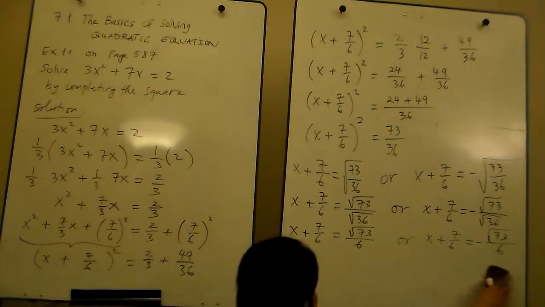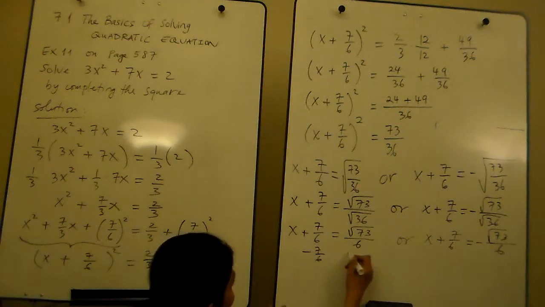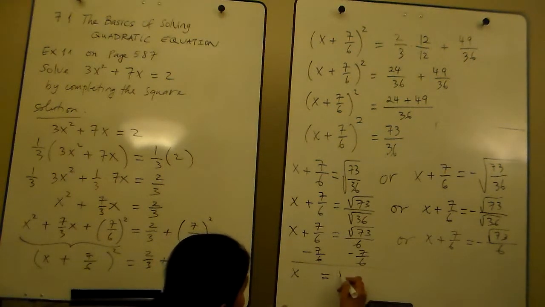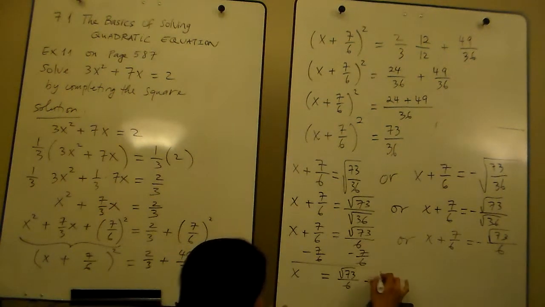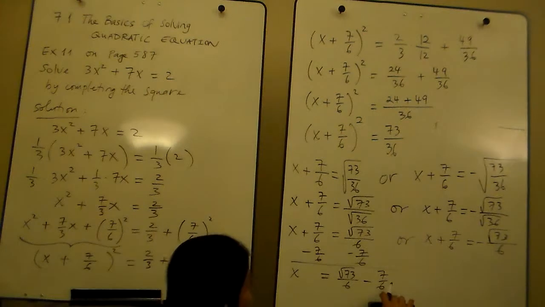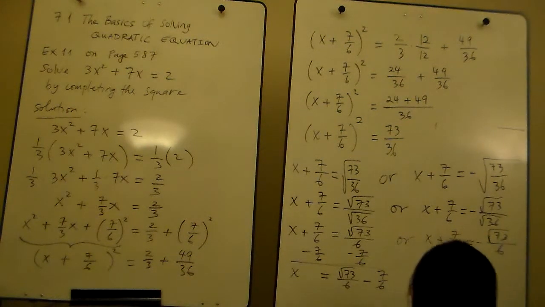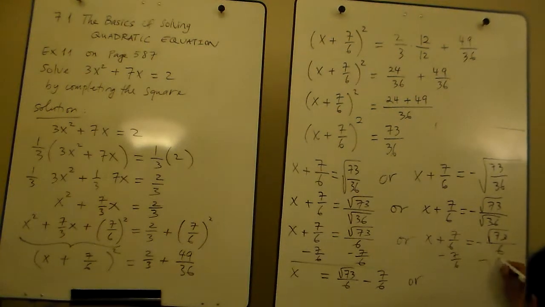Okay, now to solve for x, I'm going to subtract 7 over 6 on both sides. So I get x, this is 0, equal to square root of 73 over 6, subtract 7 over 6, okay? Or, for this case, to solve for x, you subtract 7 over 6 on both sides.